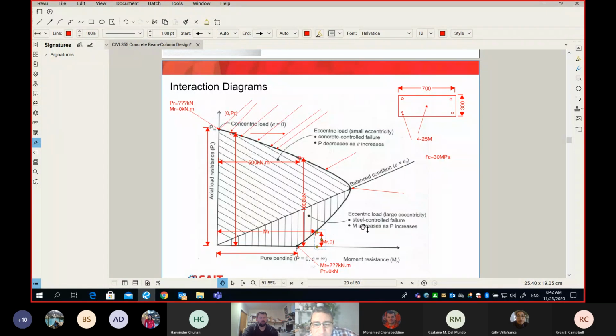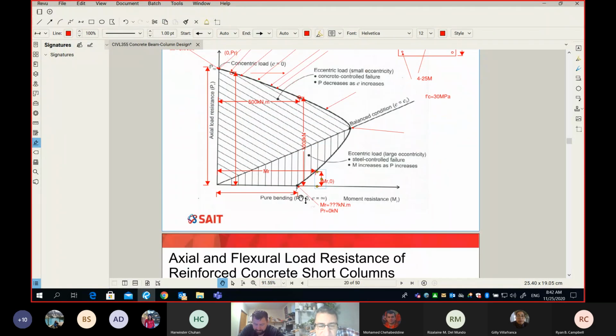So what is the secret? It's about the failure mode. If you remember our failure mode from when we studied tension, compression, and balanced failure, we have almost exactly the same thing. Guys, in this part here, what really controls the failure is the failure of the steel.